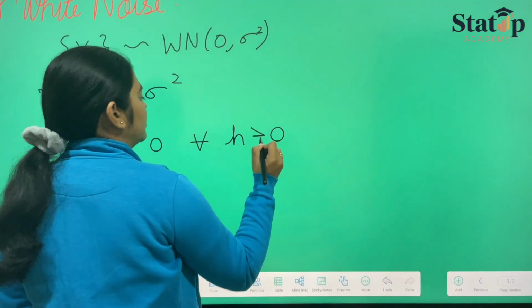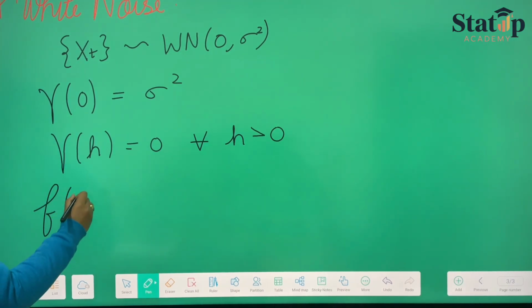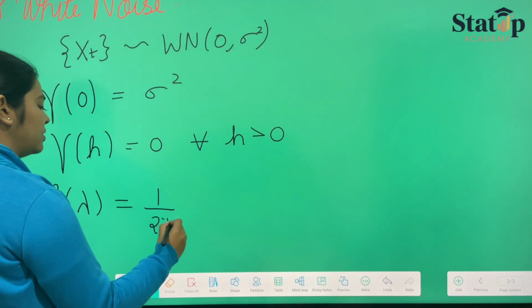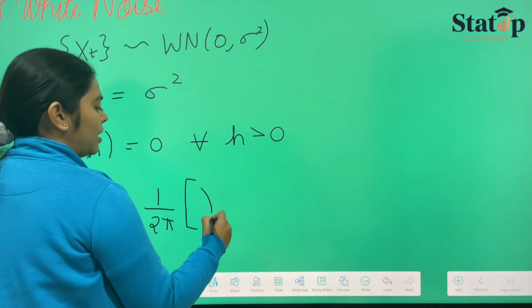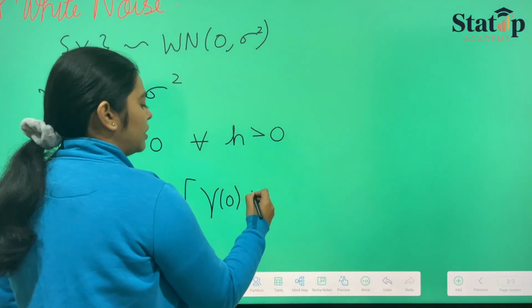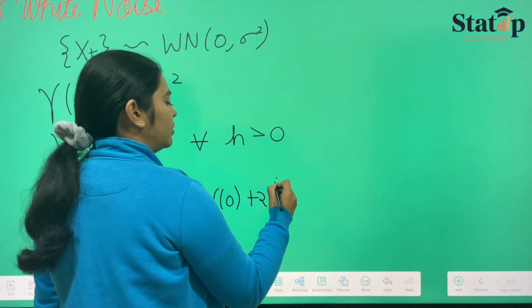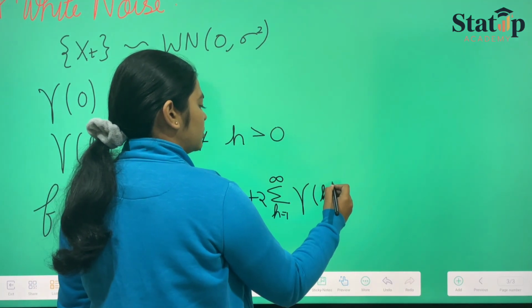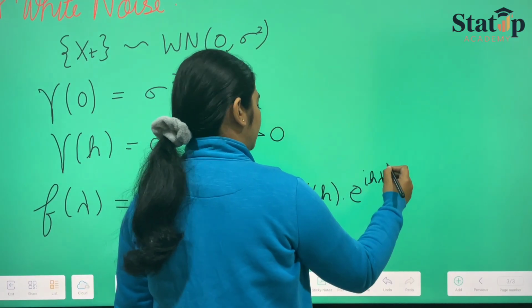So our spectral density function formula is f lambda equals 1 upon 2 pi, we can write this as gamma 0 plus 2 summation h goes from 1 to infinity gamma h into e raised to the power i h lambda.